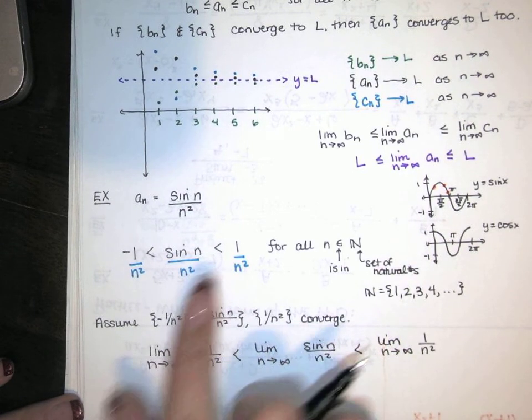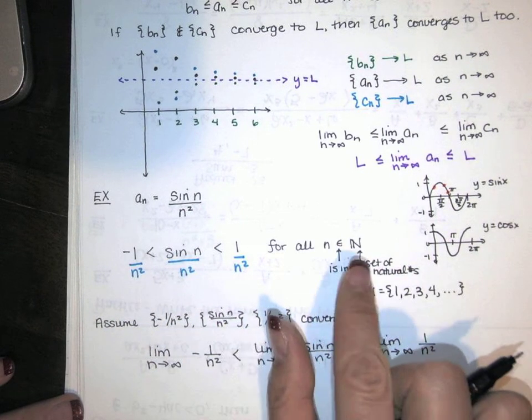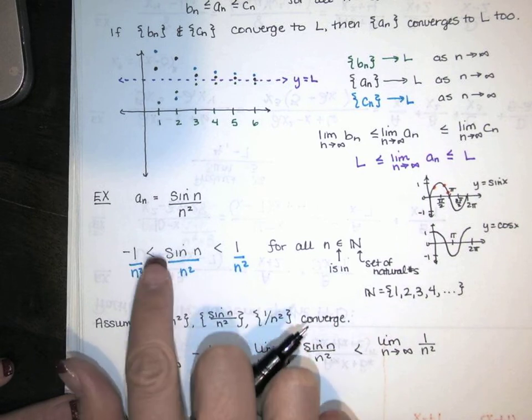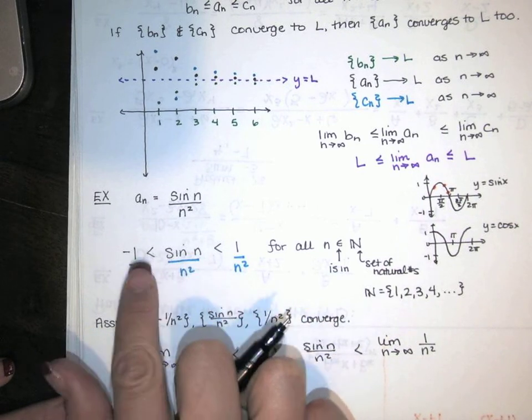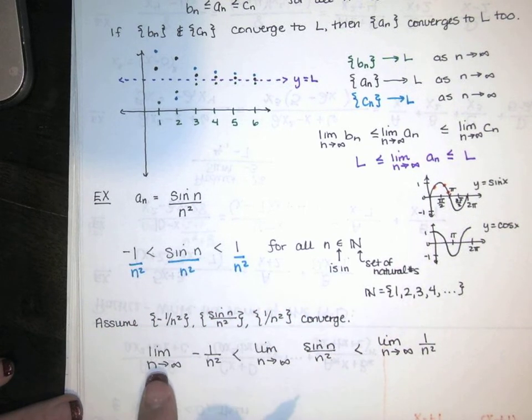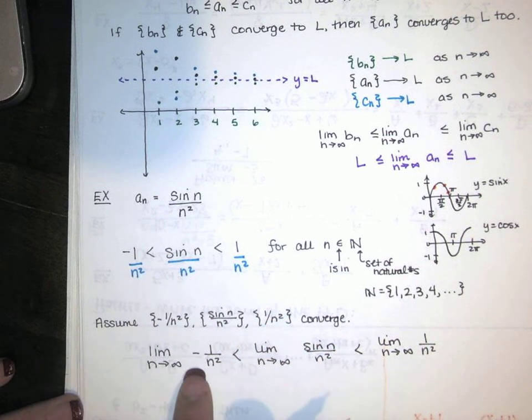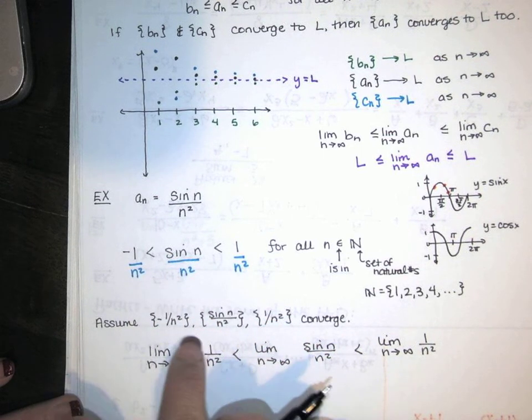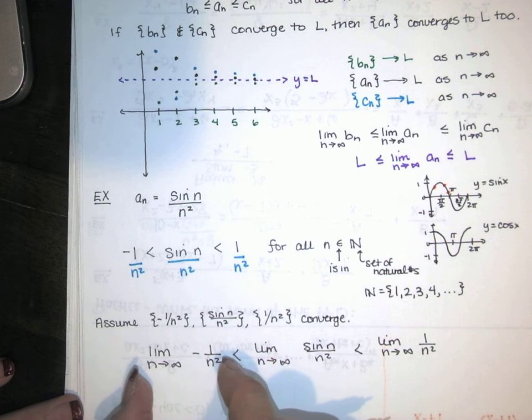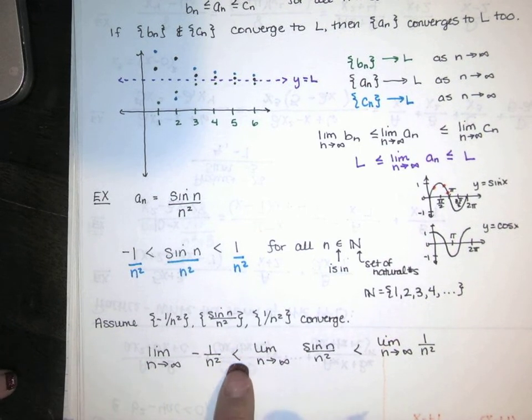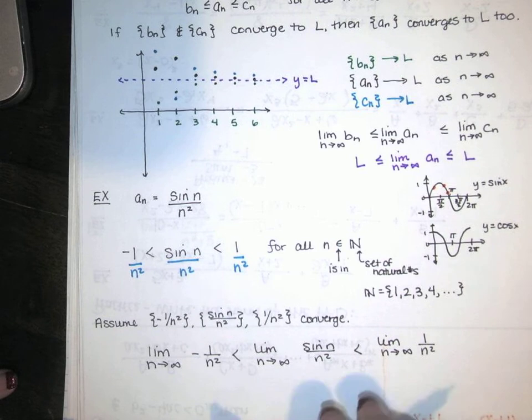Now, the original inequality dealt with particular values of n from the natural numbers, and we said that sine of n was between negative 1 and 1, and that's absolutely true. But in the limit, it's possible that we might add an extra value here. So I'm going to change this less than and this less than to less than or equal to and less than or equal to.